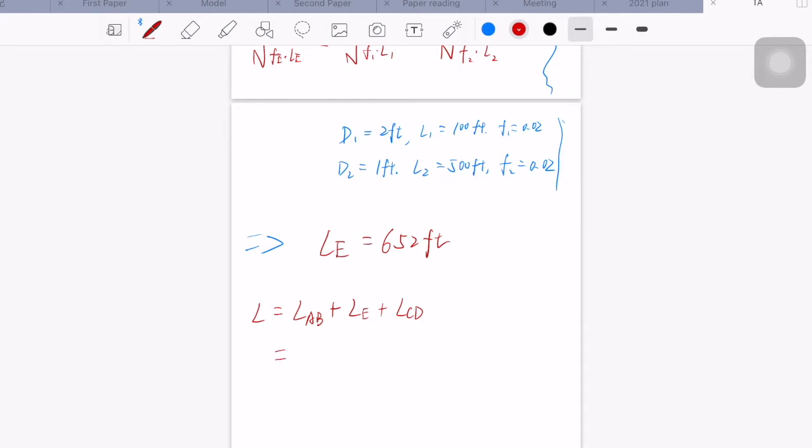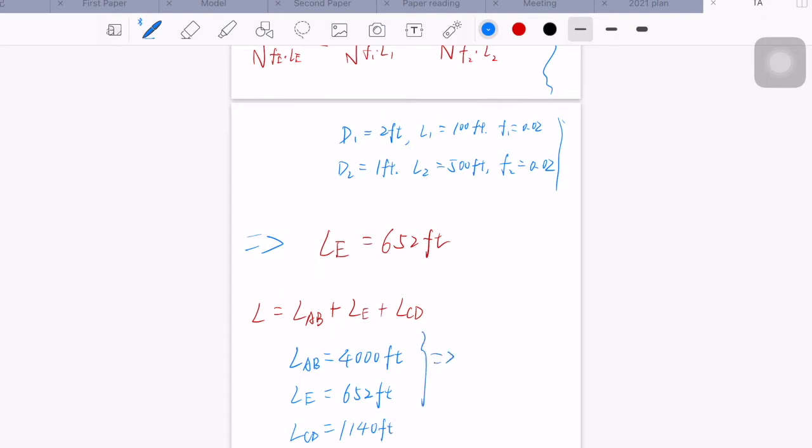So we know the length of pipe AB equals 4,000 feet, and the LE equals 652 feet, and the length of pipe CD equals 1,140 feet.